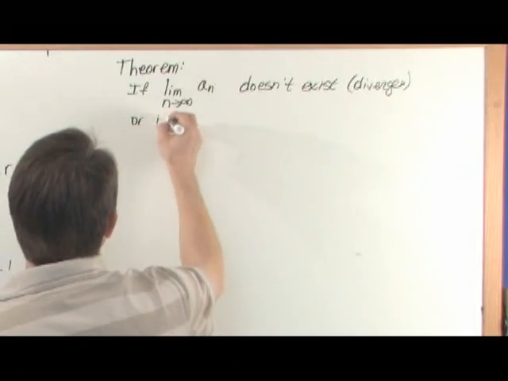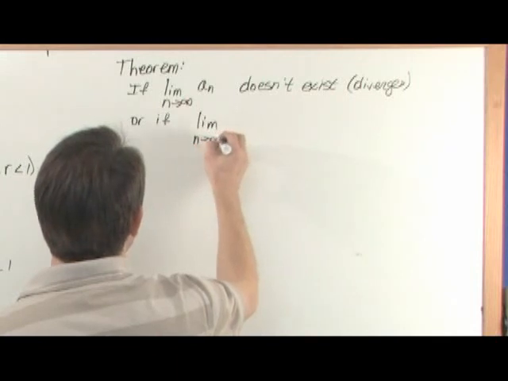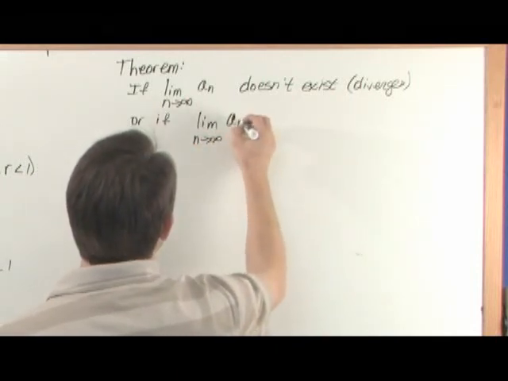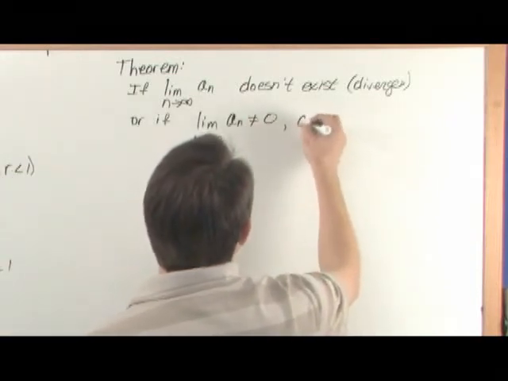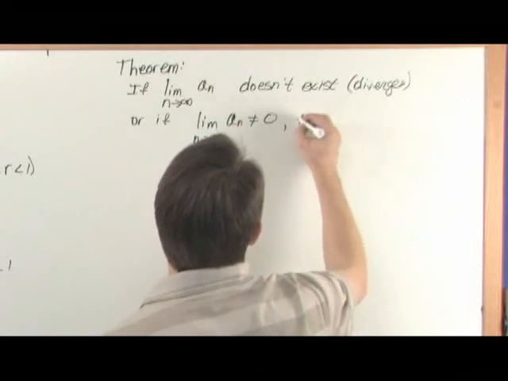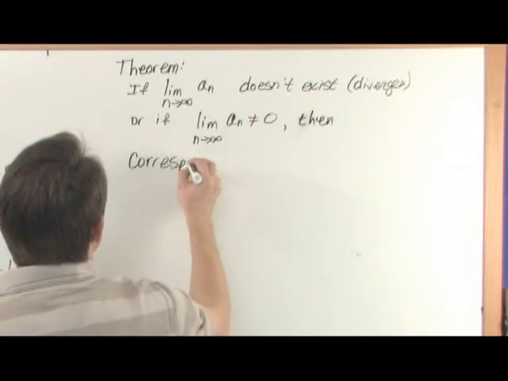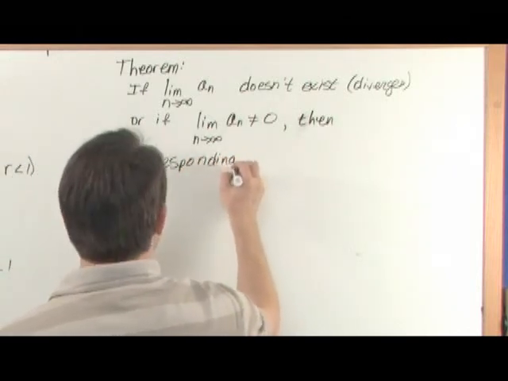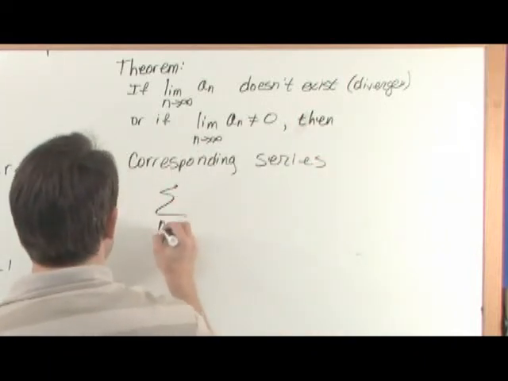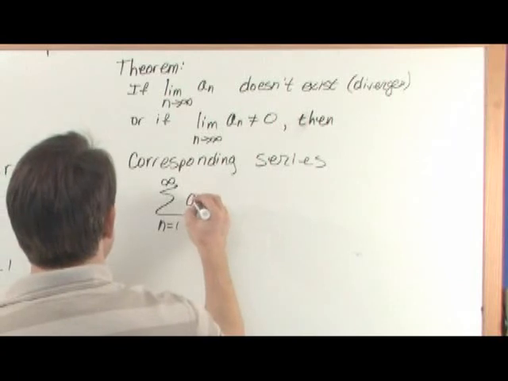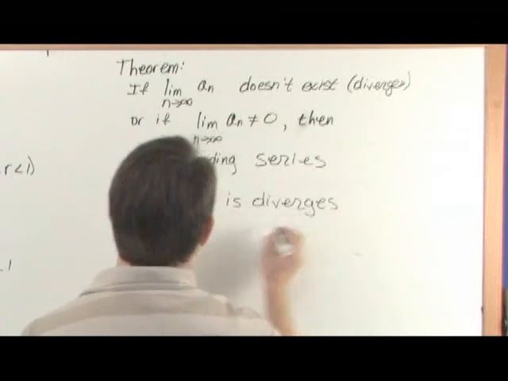Or if the limit as n goes to infinity of a sub n does not equal 0, then the corresponding series, which is the sum from n equals 1 to infinity of a sub n, is divergent. Okay, that's an important theorem.